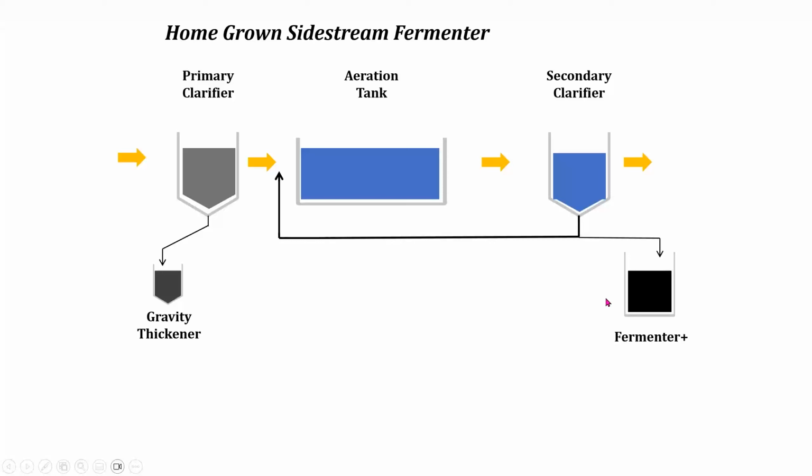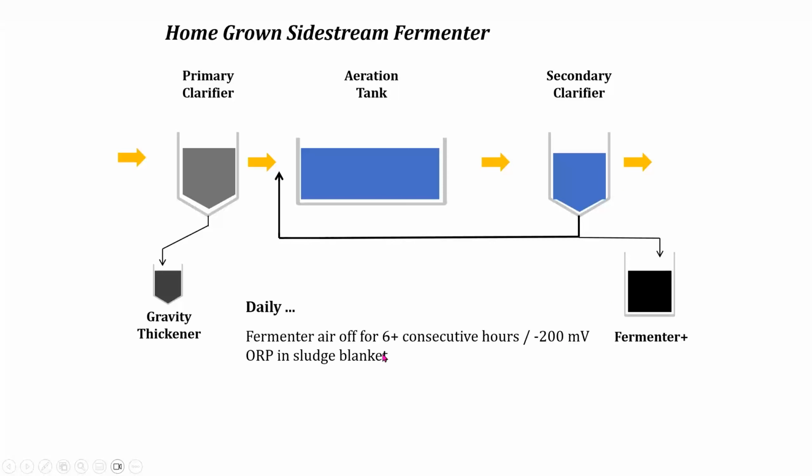So we're going to want to, daily, turn the air off. I'm saying for 6 consecutive hours, drop that into septic conditions. Also daily, we want to turn the air on long enough to bring the ORP up to about 0.